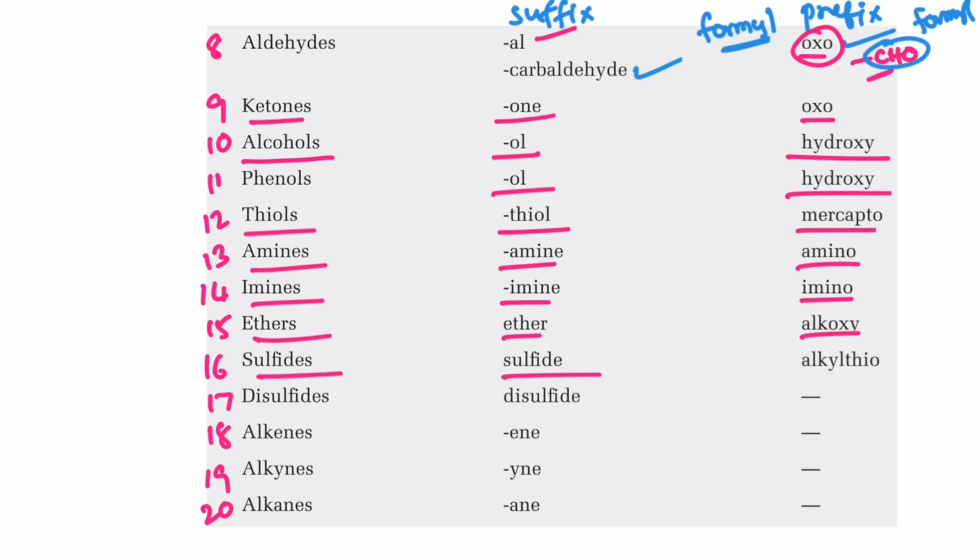Sulfides, sulfide, alkylthio. Disulfide, suffix and prefix are not there. Alkenes, ene; alkynes, ine; alkanes, ane. So you have to remember this order in sequence, 1, 2, 3 up to 20. Only then is it possible to write the name of a polyfunctional group organic compound.